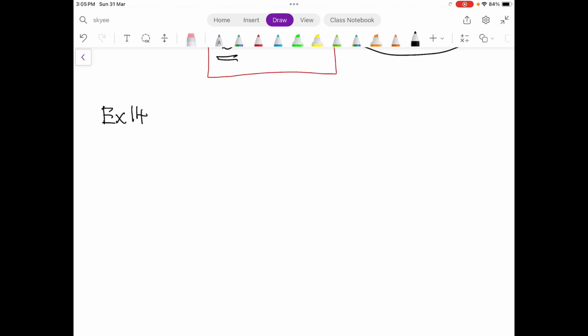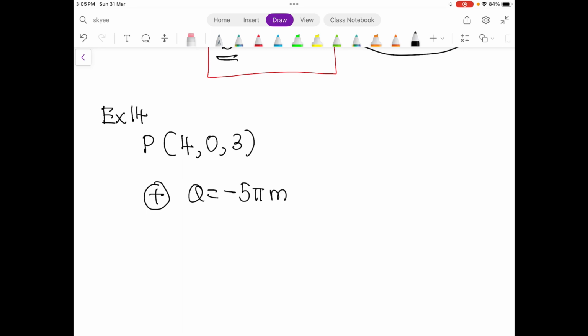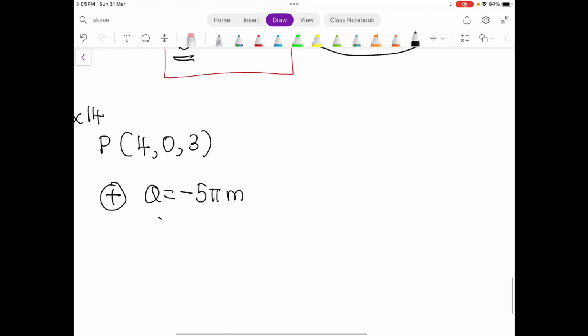So your observation point, I will write it as P, is (4,0,3). You have a point charge, and its value is negative 5 pi millicoulombs, and the position is (4,0,0).